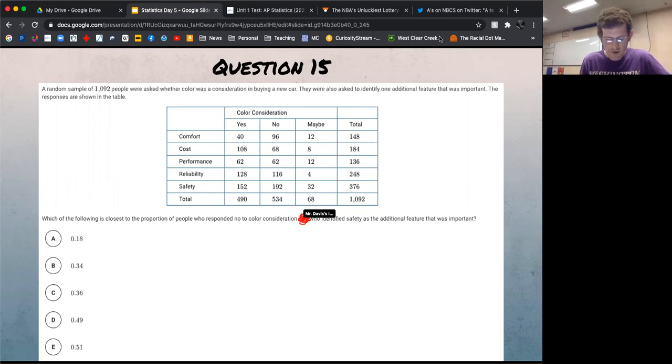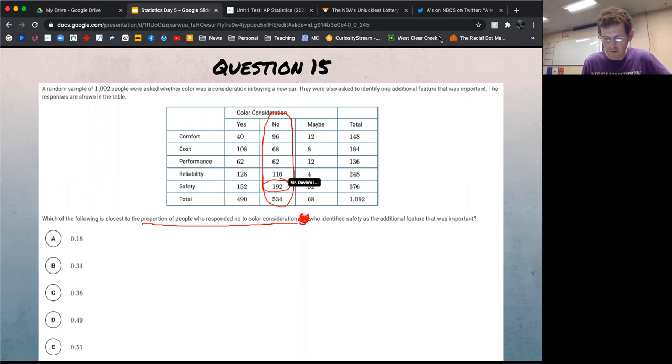Which of the following is closest to the proportion of people who responded no to color consideration who identified safety as an additional feature that was important? Here, when I read it, it reads more like a conditional distribution, because now they're saying, out of the people who responded no to color consideration, so out of this grouping, which of them identified safety as an additional feature?